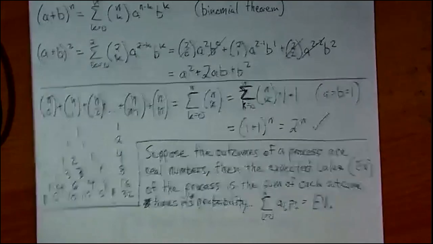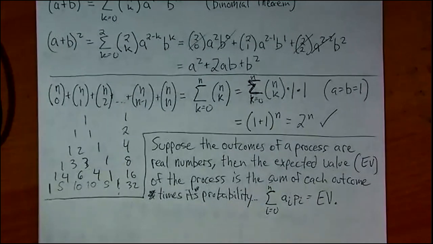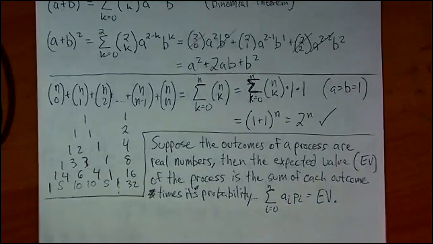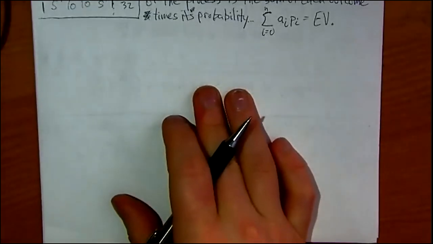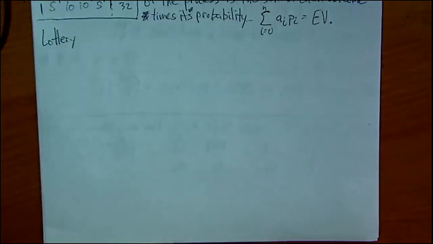Okay. And I think this is made most clear with a few examples. So we're going to do a couple of examples here. Let's say that there's a lottery. So we're going to play the lottery. And gambling really is sort of the most obvious way to talk about examples here.